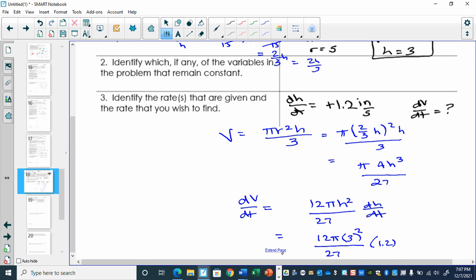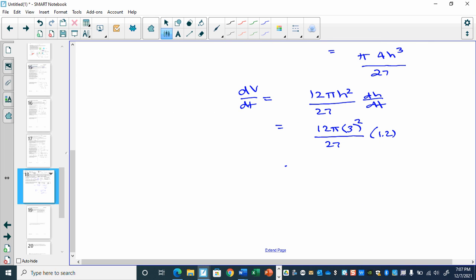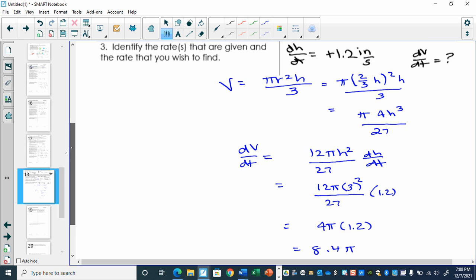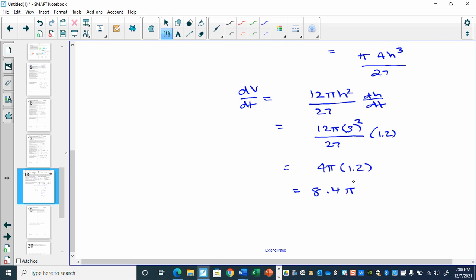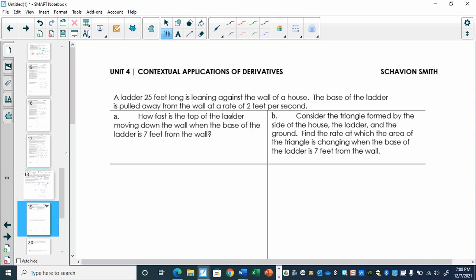Okay, and I get, let's see, 12 times 9. I get 4π times 1.2, and I get 8.4π. I'm going to get my units here, and I have inches cubed per second.